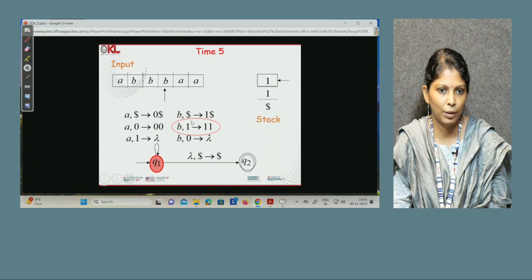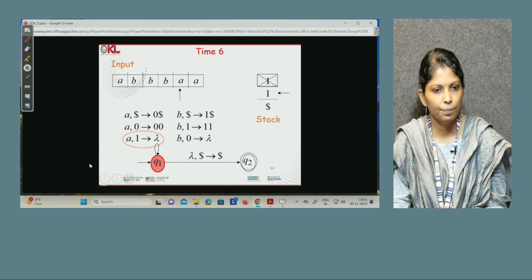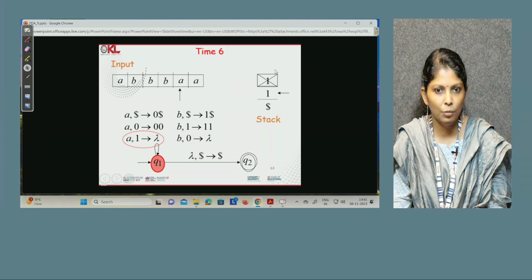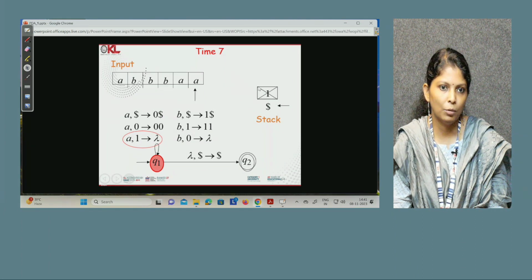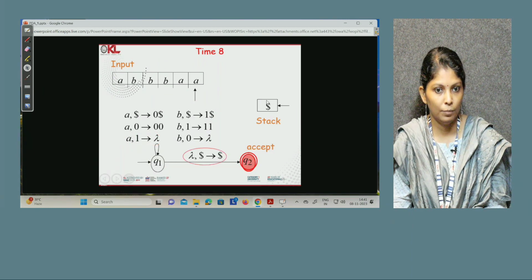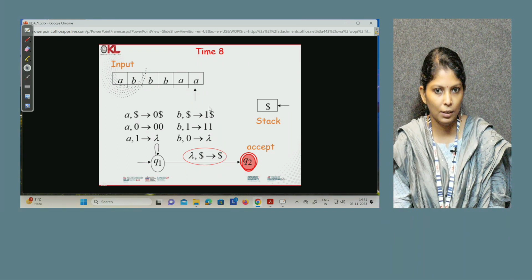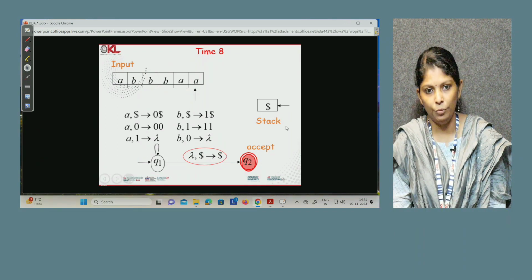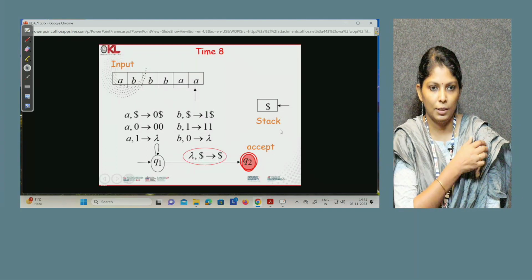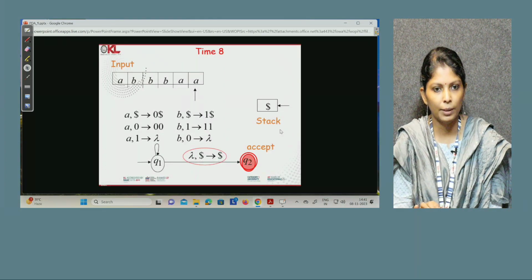So now it is 1 1. Then we read A, and we pop out 1 from the stack. Then again A means again 1 is popped out. Then we have completed all the characters in the string, and the stack is empty. We move to the final state. That means the string is accepted.